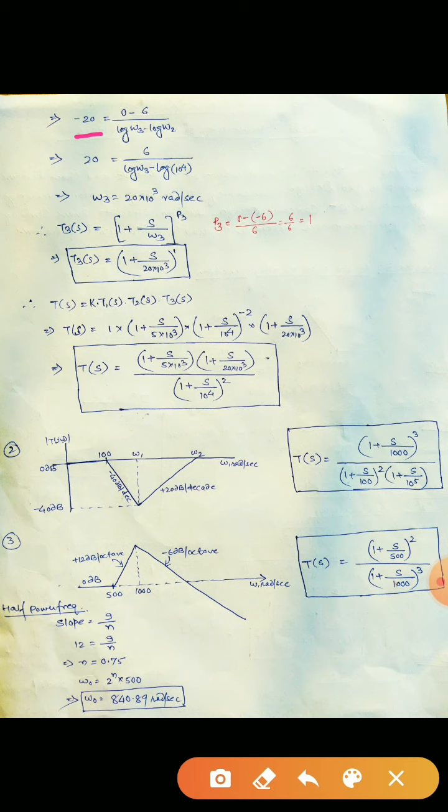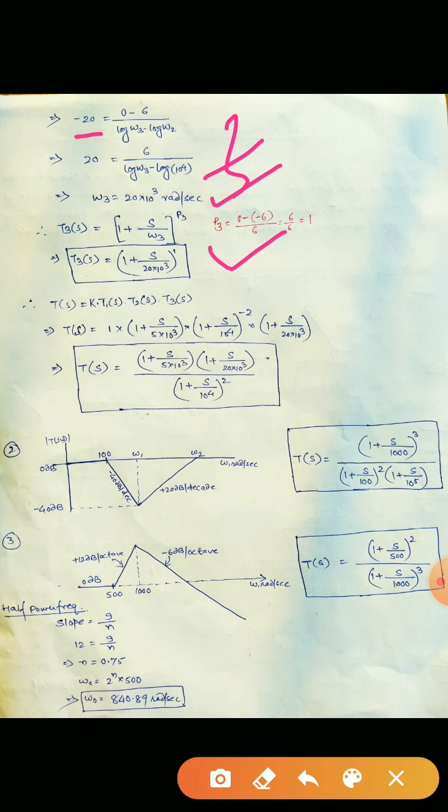So minus 20 is equal to 0 minus 6 divided by log omega 3 minus log omega 2. Already we have calculated omega 2 is equal to 10 to the power 4. After substituting these values, we have calculated the value of omega 3 is 20 into 10 to the power 3 radians per second.